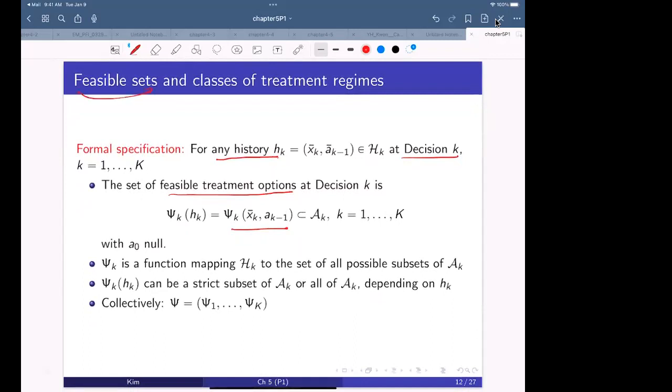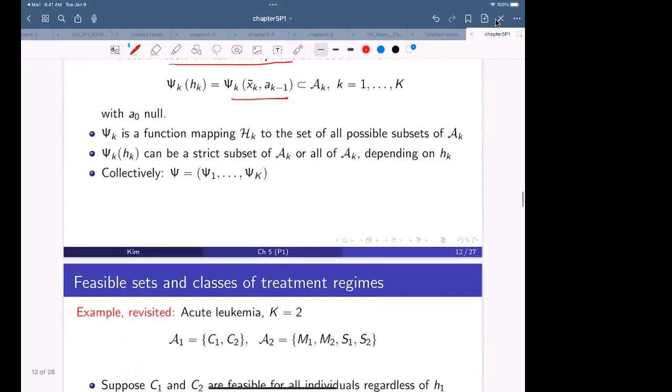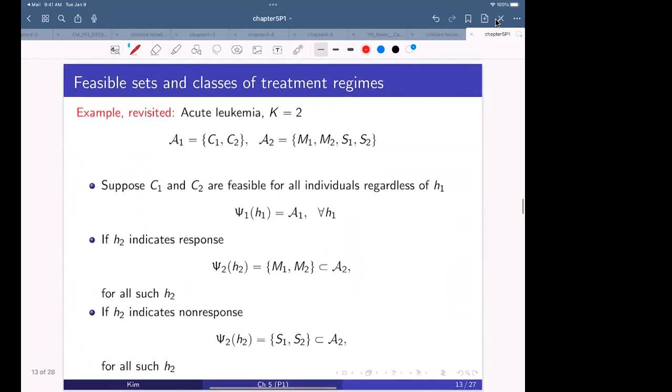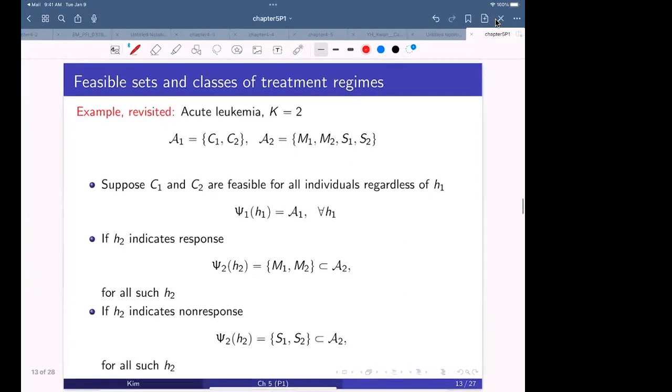Some details of the concept. So for example, in this previous example, if the history H2 indicates response, then this is the only feasible option.